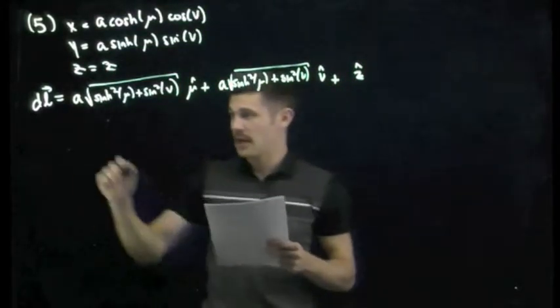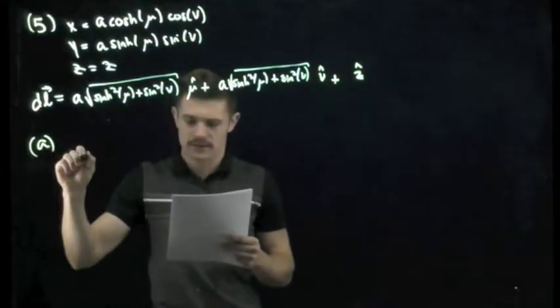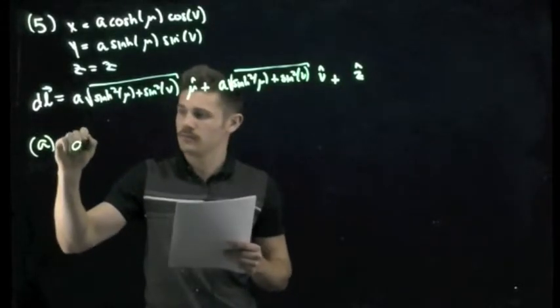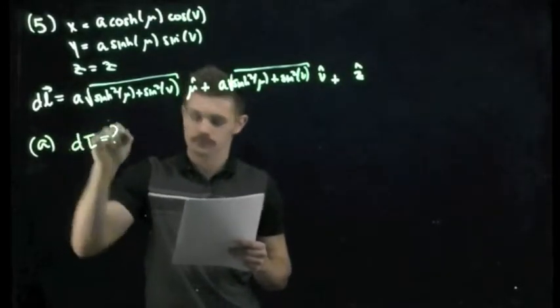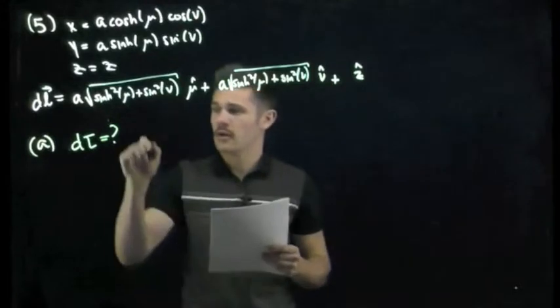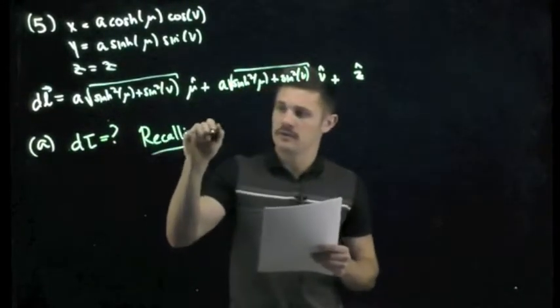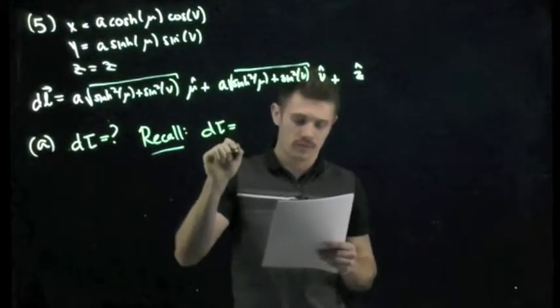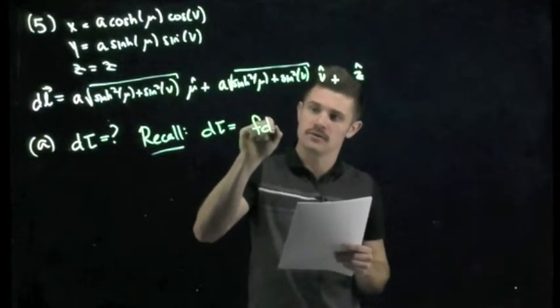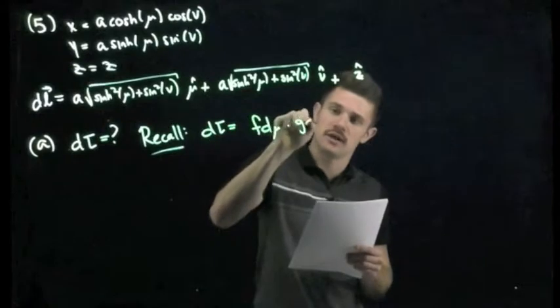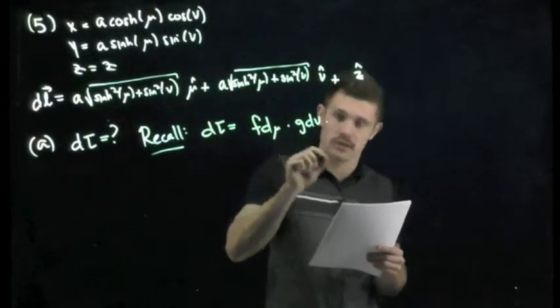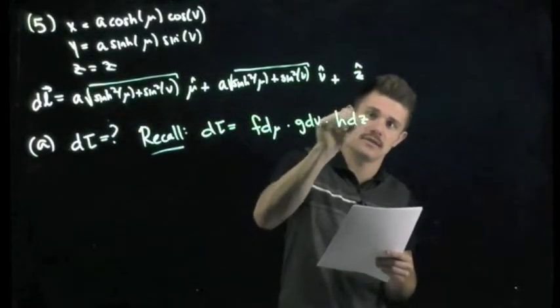And for the first part, a, we want to find d tau for the coordinate system. We can recall that in general, for any coordinate system, d tau is given by f d mu, g d nu, and then h dz in this case.